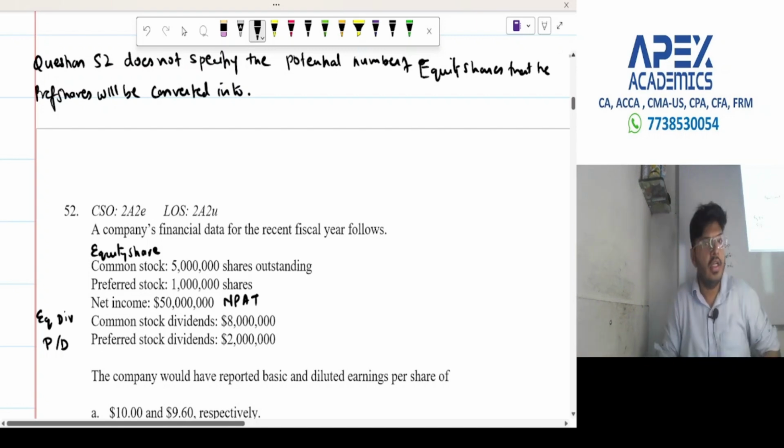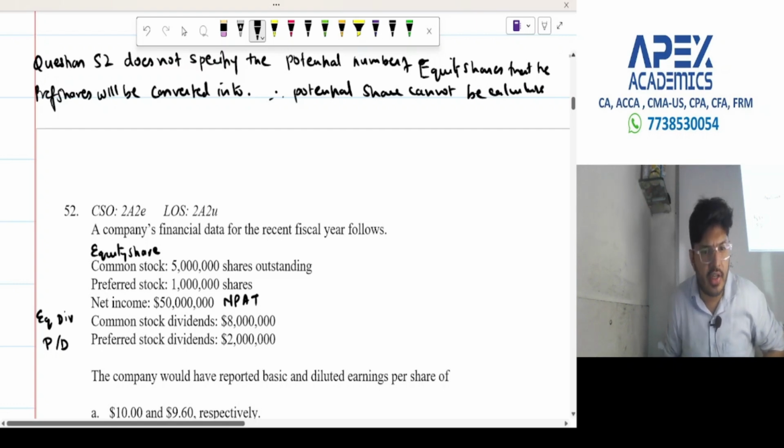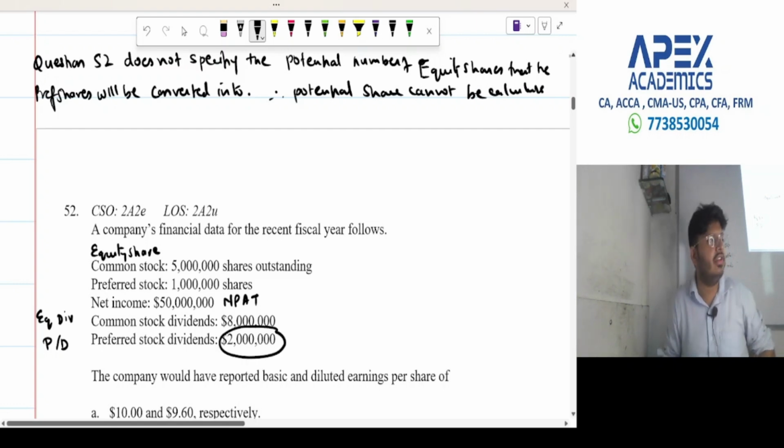Point number 1. Therefore, potential shares cannot be calculated. Cannot be calculated.